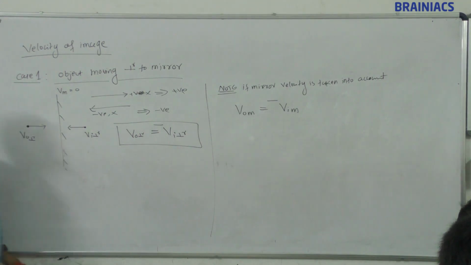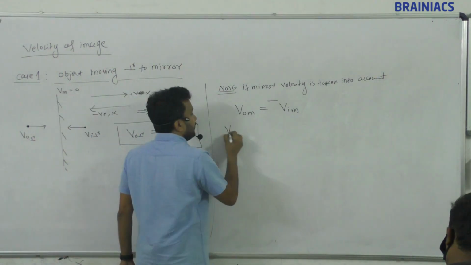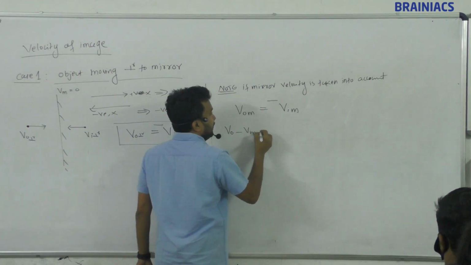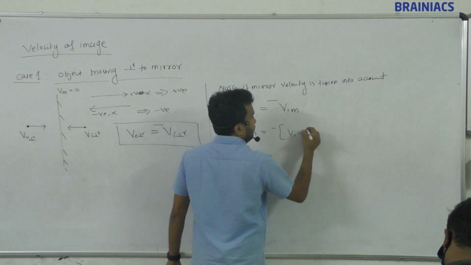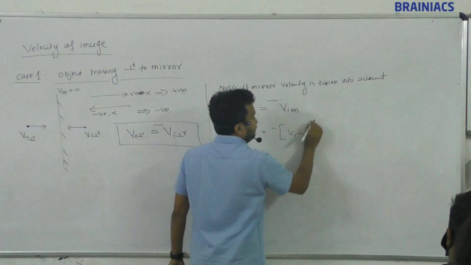Always opposite. So velocity of object with respect to mirror, meaning object minus mirror, is equal to negative of velocity of image with respect to mirror.